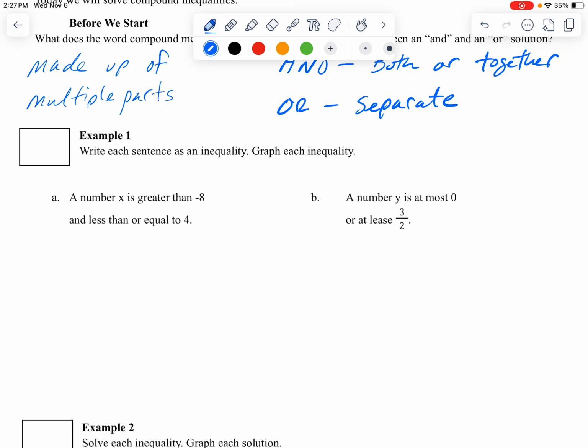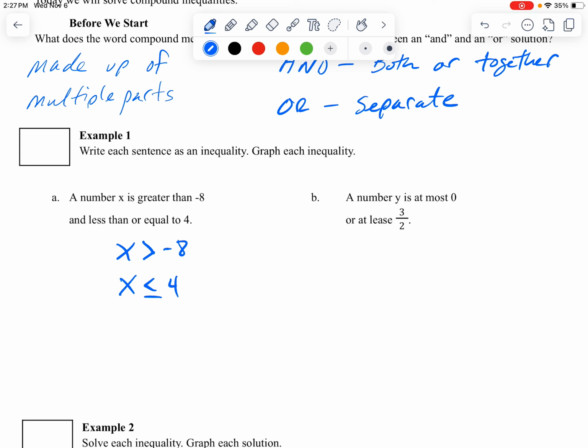If I was going to write x is greater than -8, I would write x > -8. And then my next part, x is less than or equal to 4, normally we would write like this: x ≤ 4.